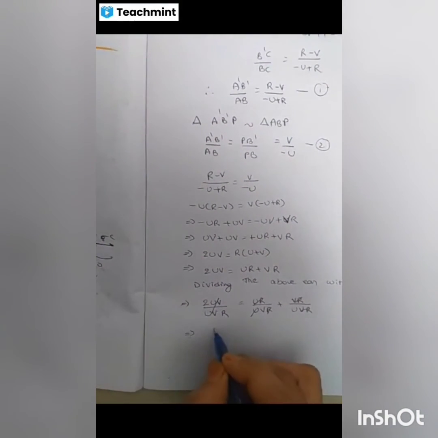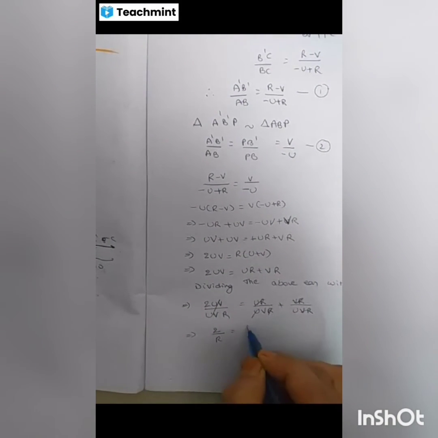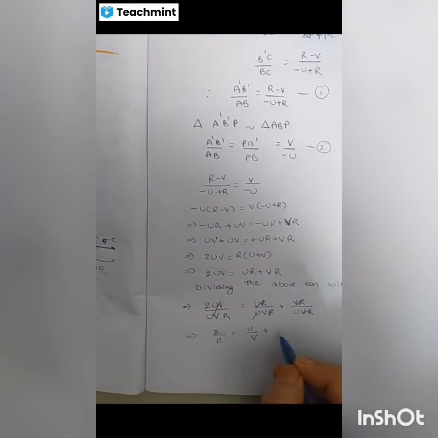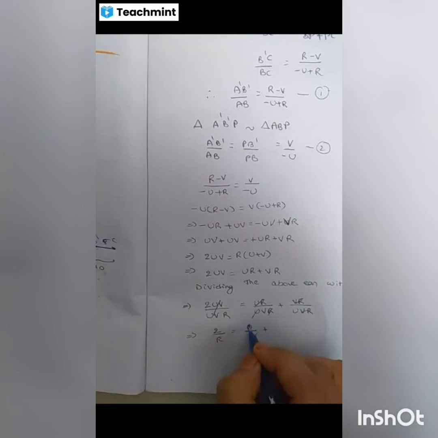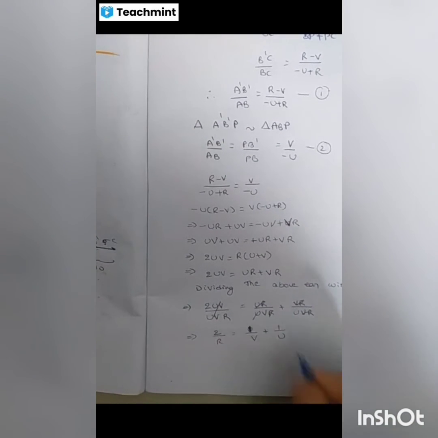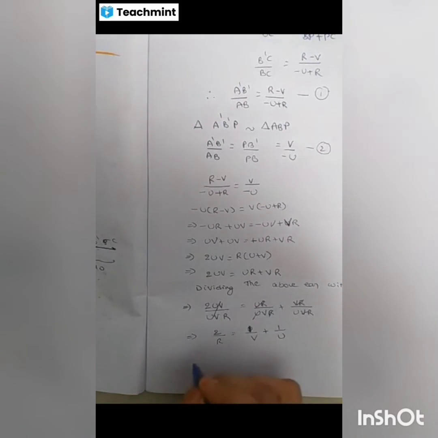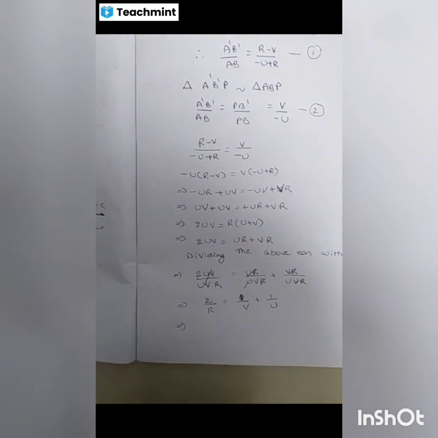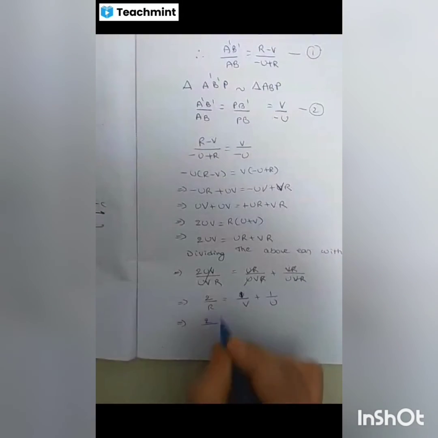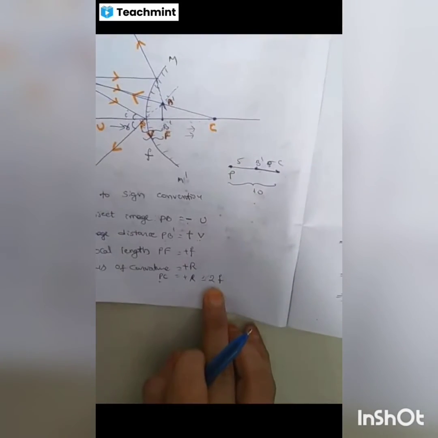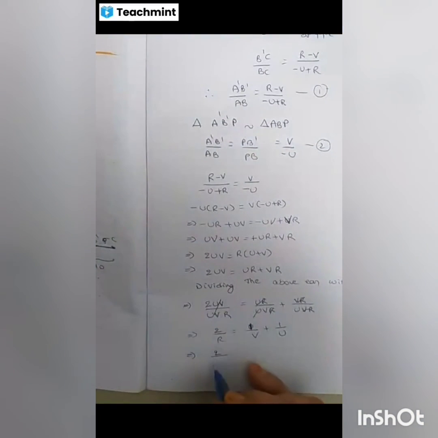Now we get 2 by R is equal to 1 by V plus 1 by U. We want F, so we must remember this. 2 by R, R is equal to 2F, so in place of R just write 2F.